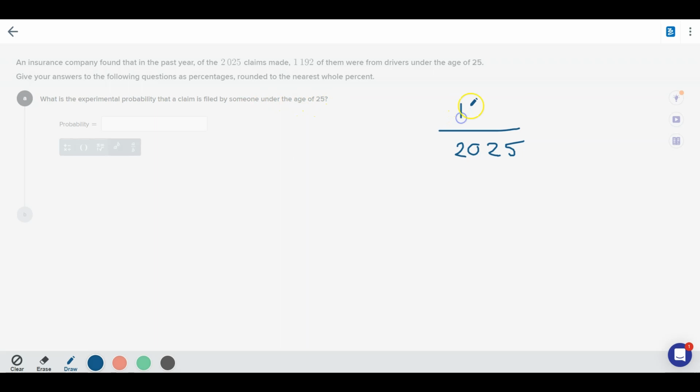So 1,192 were drivers under the age of 25. So we should really have P of under, I'm going to put less than, actually, less than 25 equal. So that's what I should have in my book, something like that.